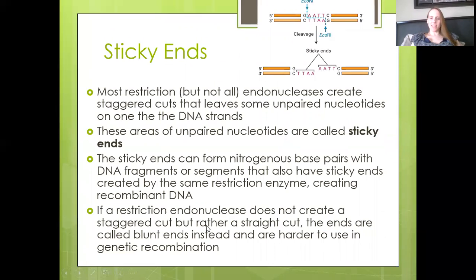The sticky ends are what we get from most endonucleases when they cut the DNA. So any restriction endonuclease that cuts in a stagger, like you see up here, creates a sticky end. These sticky ends are where the single row of nitrogenous bases are, where they're not still paired together.